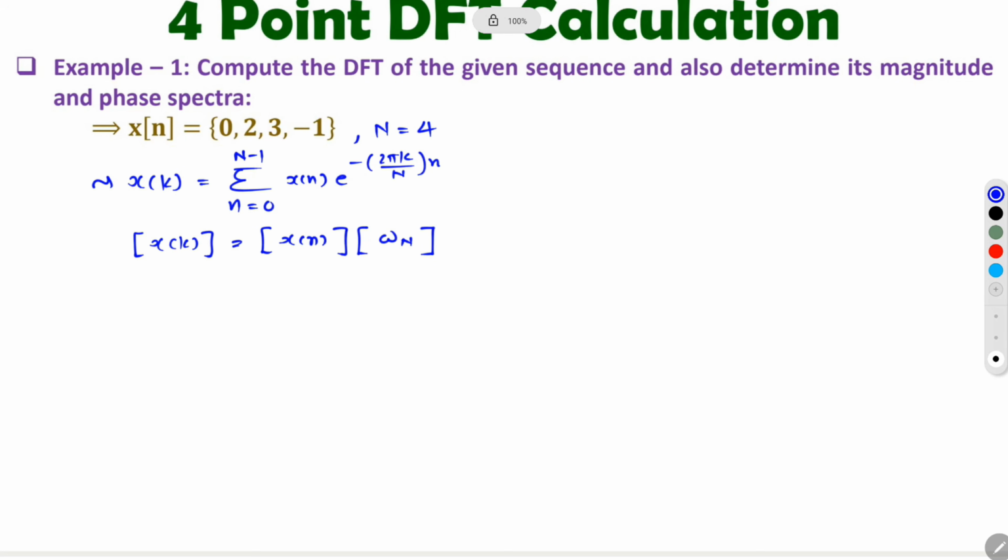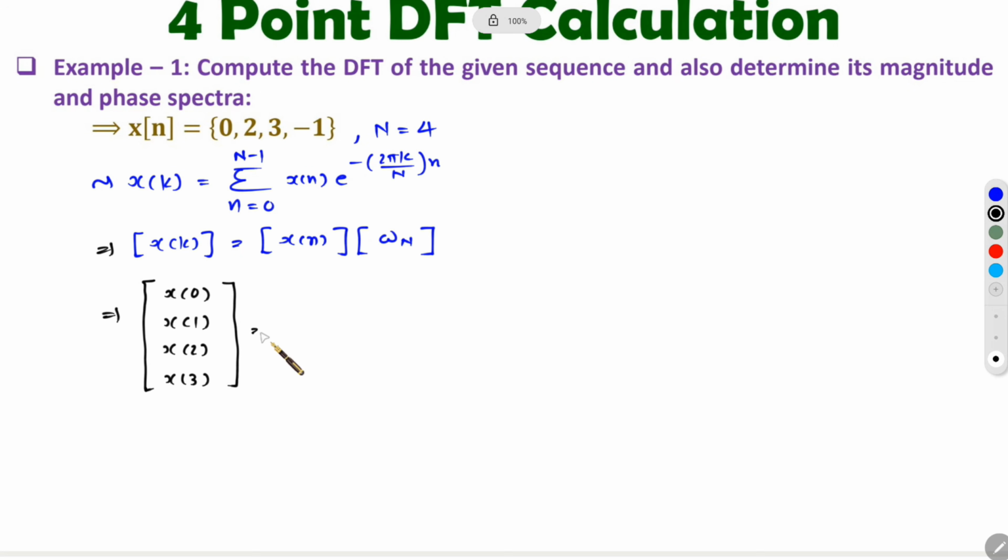Now you need to understand how to write Wn. First of all, this DFT matrix x of k will have in total 4 elements. So let me write the DFT matrix: first element will be x of 0, second will be x of 1, third will be x of 2, and fourth will be x of 3.